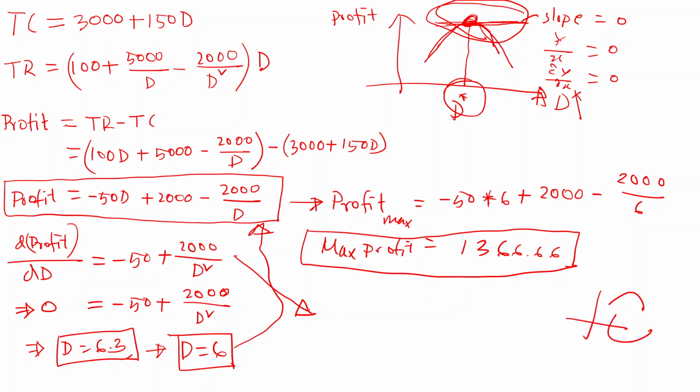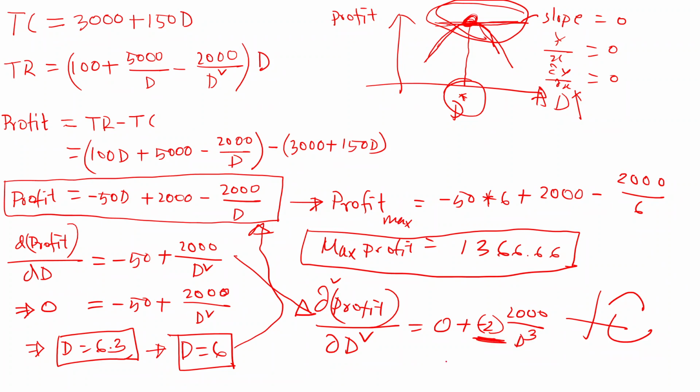So the profit, when the second derivative is negative, that tells us that there is a positive profit making. So if we do the second derivative, that's going to be 0 plus minus 2 by D cubed. So that's a negative value. Negative value means we have found the demand for which the profit is maximum.